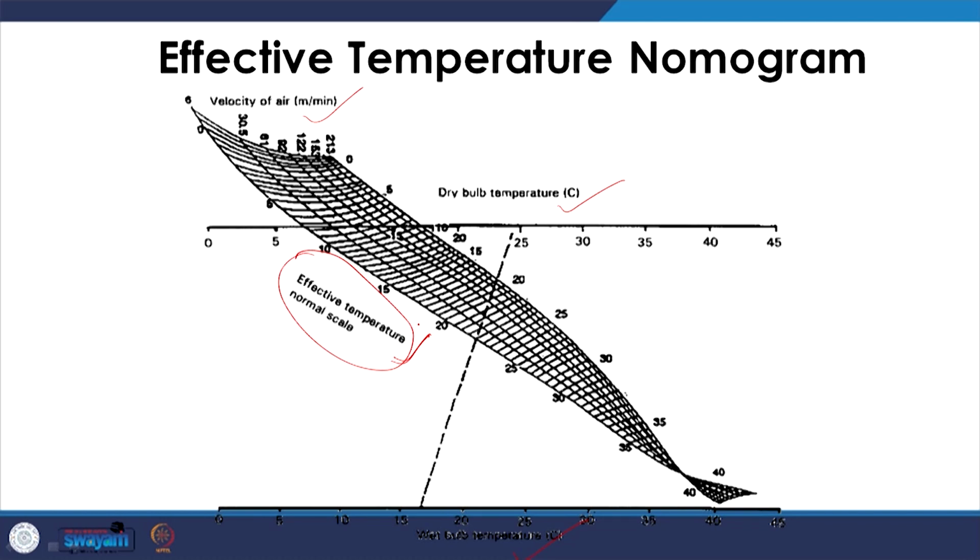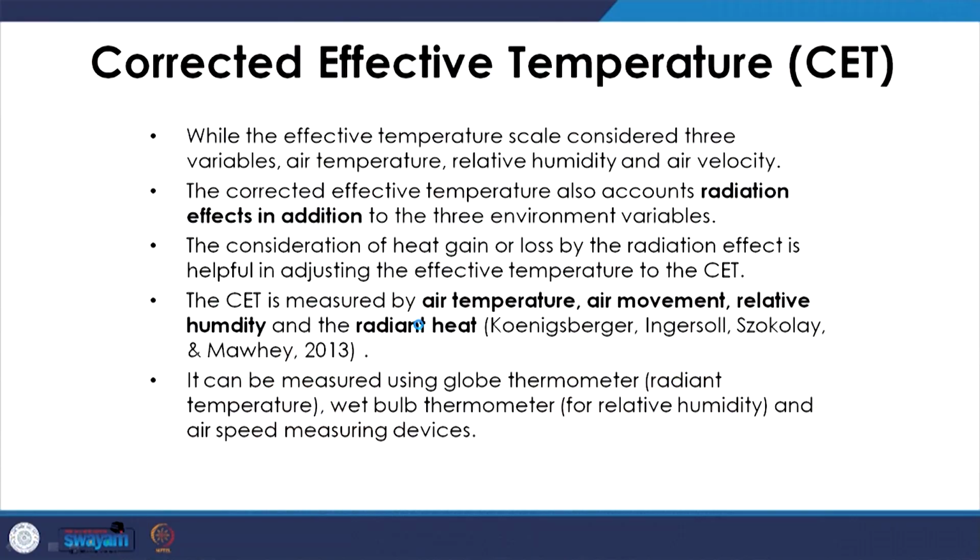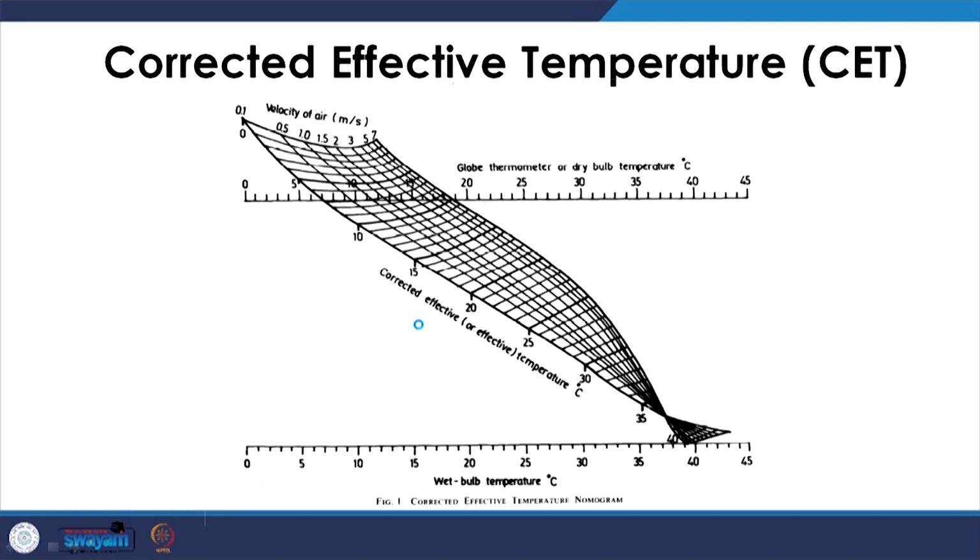This was one quantity which put together 3 parameters, but it was not enough, and more research started to happen from 1923. The next index developed was corrected effective temperature, CET, in which the additional quantity added was the radiant temperature, taken into account by replacing the dry bulb temperature with the globe temperature.